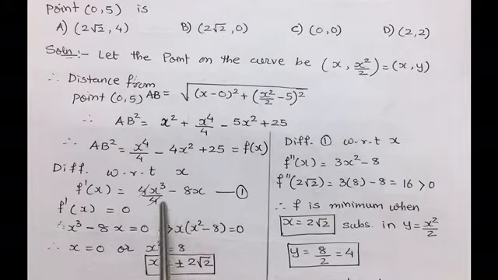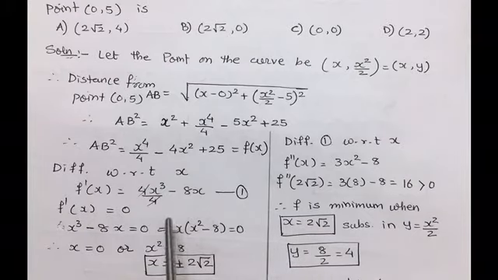So x cube minus 8x is equal to 0. Taking x common, we get x into (x square minus 8) equal to 0. Therefore, x is equal to 0 or x square is equal to 8, and therefore we get x equal to plus or minus 2 root 2.